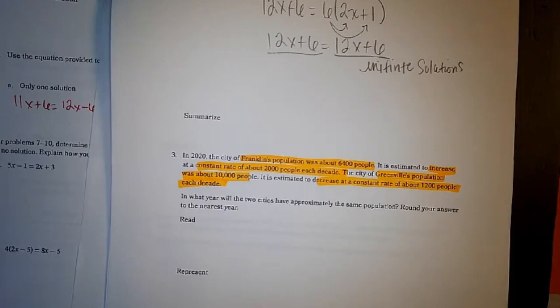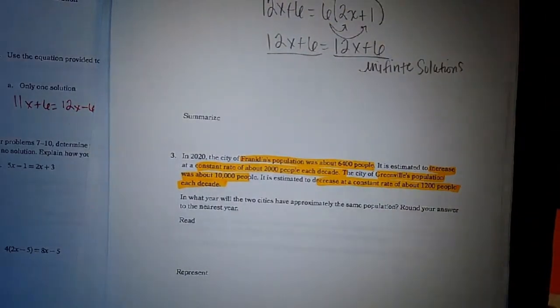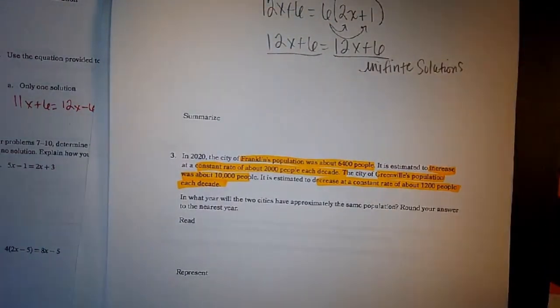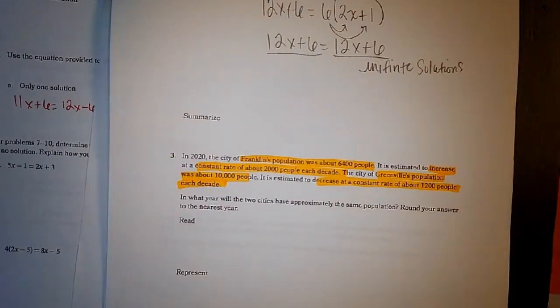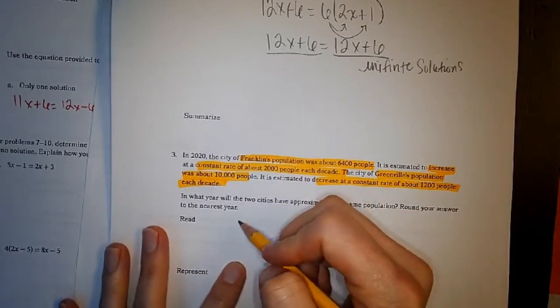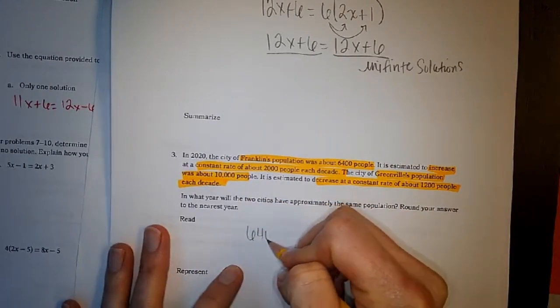What could we do? Yes, sir. Okay, so hold on. 6,400 plus what? 2,000x.